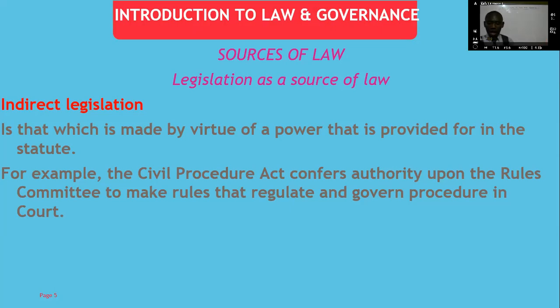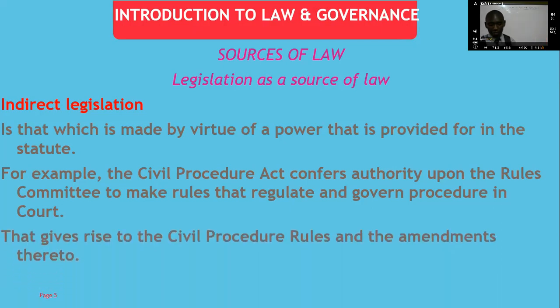Having noted that, the Civil Procedure Act says that the Chief Justice shall form a committee, and its role is to come up with rules that govern procedure for operation in courts. This gave rise to the Civil Procedure Rules and the amendments to the same. So that is an indirect manner in which legislation is carried out.